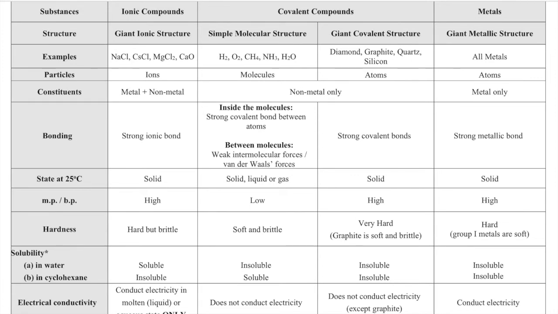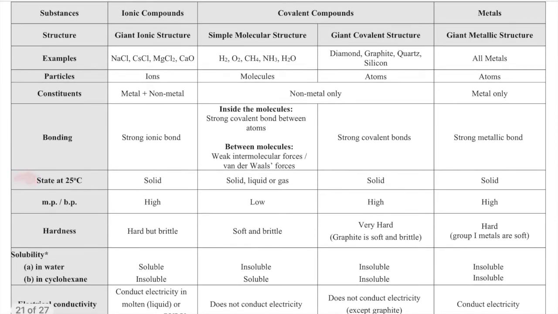So let's begin with the first two rows, the physical state and melting point and boiling point. First of all, for the physical state row, you can see most of them adopt a solid state. The only exceptional case is the simple molecular structure. It might exist as a liquid or a gas. That's to do with the weak van der Waals forces between molecules, so they can be easily overcome and separated and become liquid or gas.